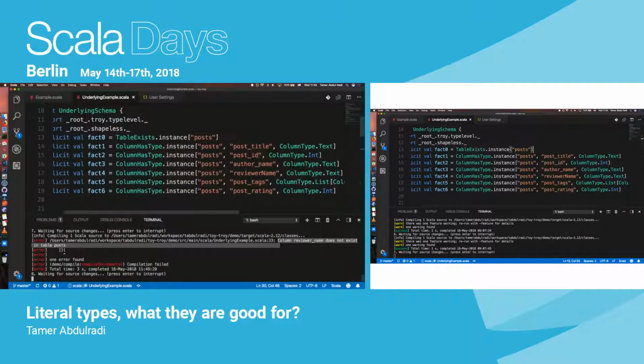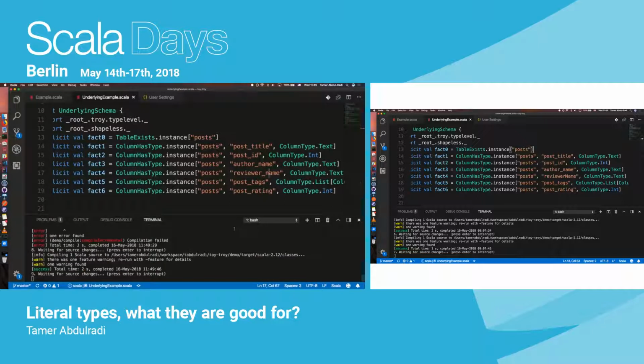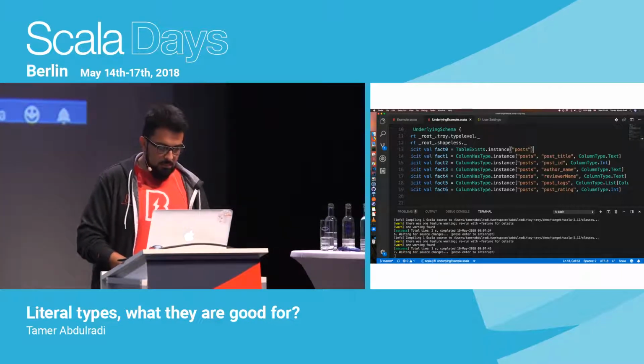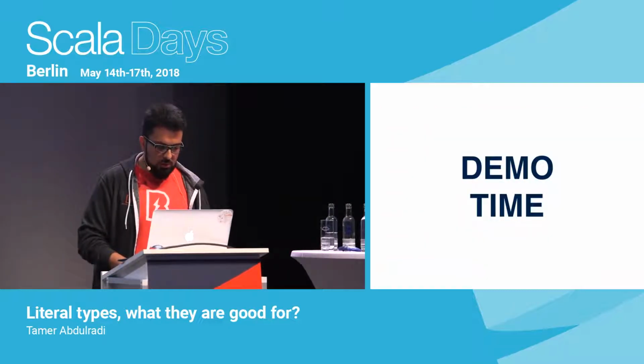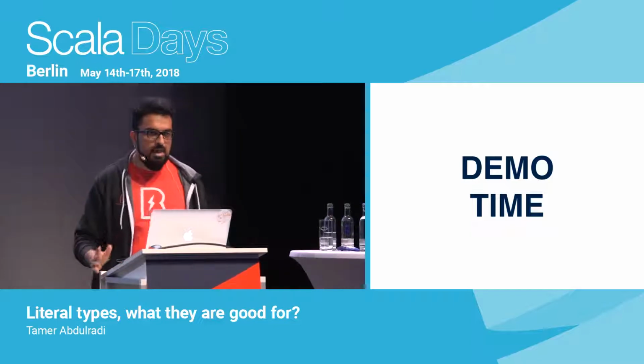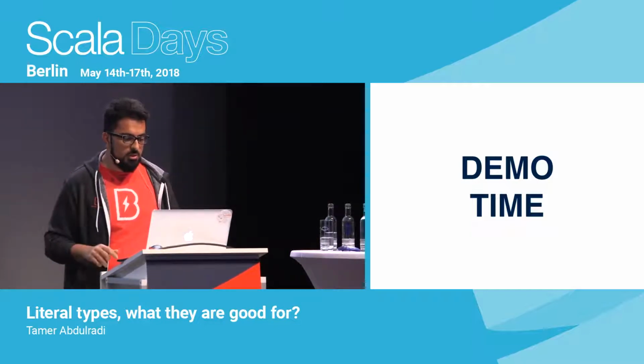So I will fix this now by changing the schema as well, and by saving, the code compiles again. All right, back to our slides. Now I'll be explaining in small snippets how this was implemented.